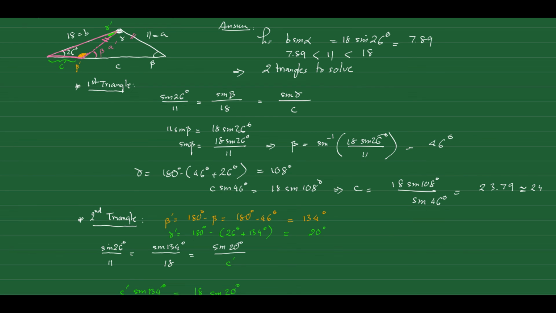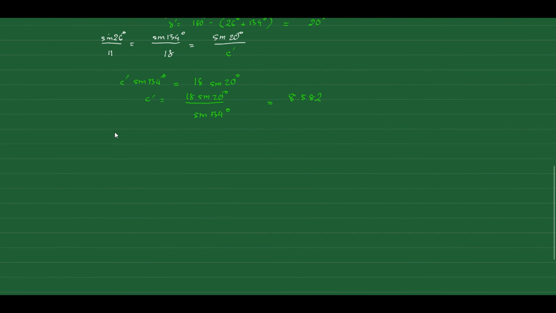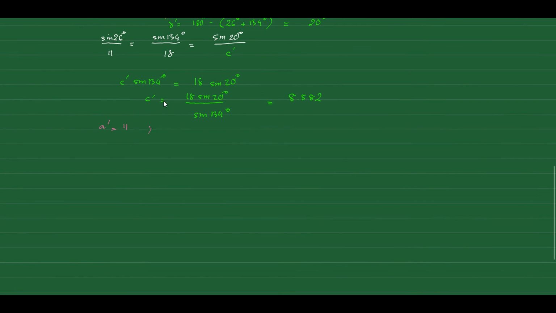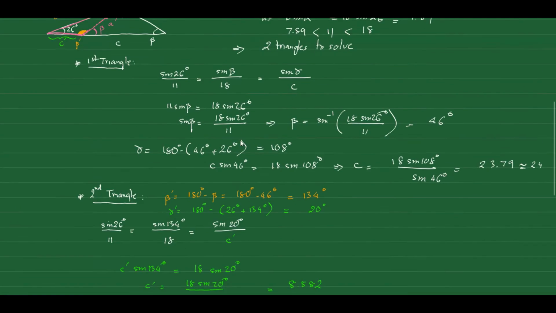And B prime is the same. So A prime is 11, and B prime is 18. Alright, so everything's done.